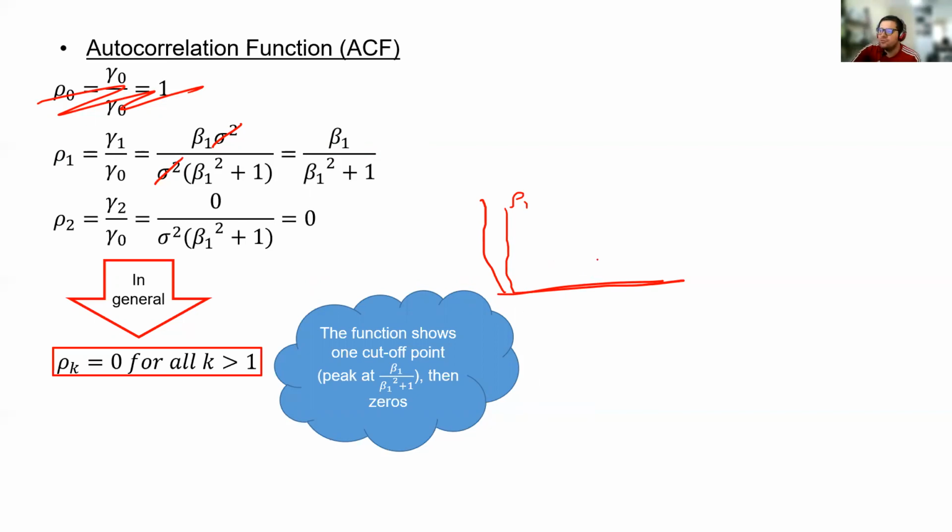So similar to what we observed in the PACF of the autoregressive model 1, but this is the ACF of a moving average model 1. And when we have something like this, a single point and then zeros, we call that a cutoff point. It peaks at this value and then goes straight to zeros.